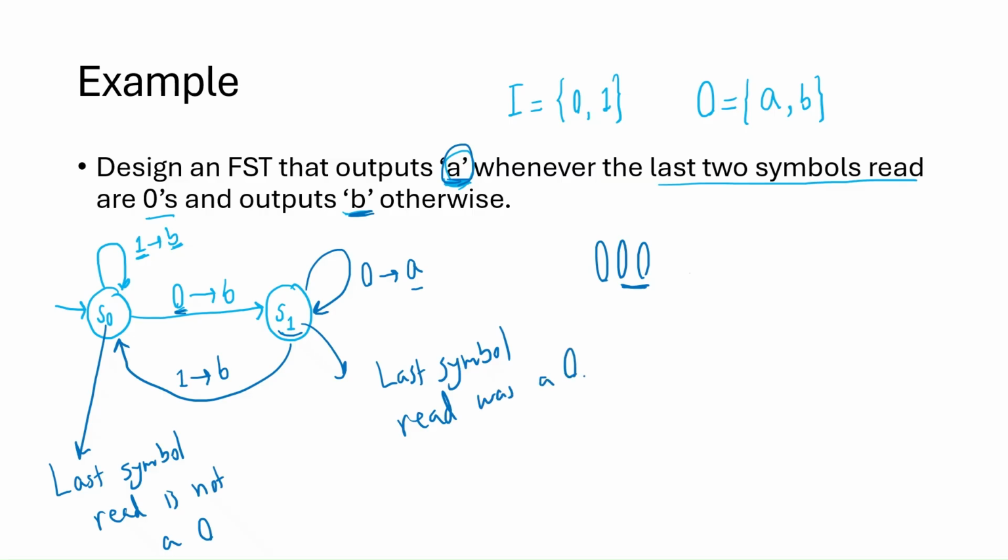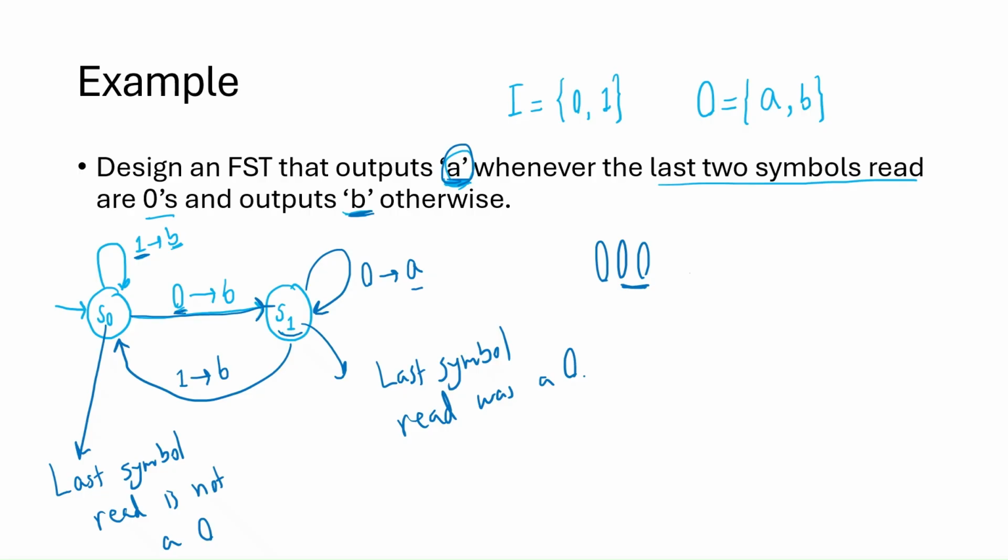If we are here, it means that the last symbol that we have read is not a 0. So for example, if we see a 1, that's not a 0, so we stay here. But if we read a 0, now the last symbol that we have read is a 0, so we go to this state.